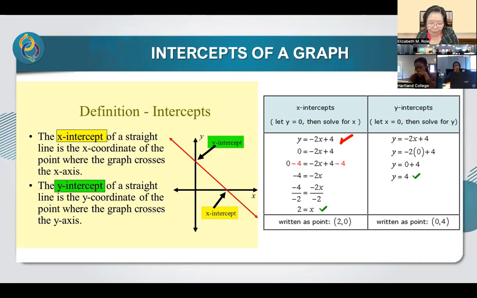And so now here we are using the subtraction property of equality. So we want our 4 here to be 0 so that we will be left with x. So for 4 to be 0, we subtract 4. But what you do on one side, you do to the other side.